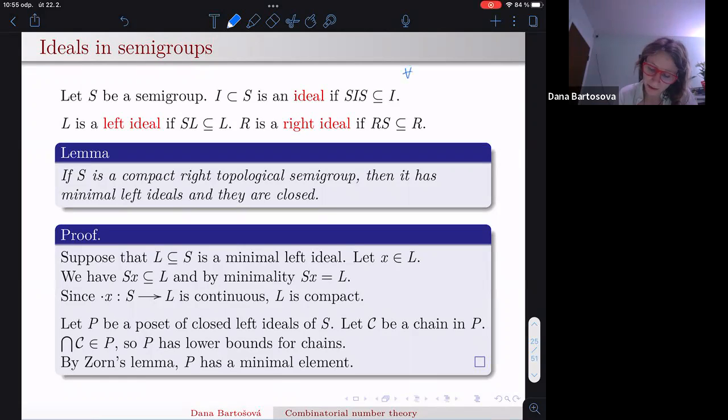So in other words, this condition reads: let me write it slower. For every s in S and for every i in I, si is in the ideal and is is in the ideal.